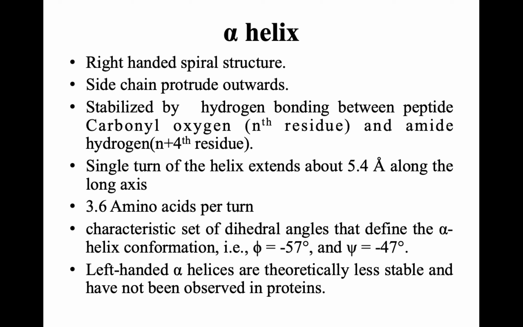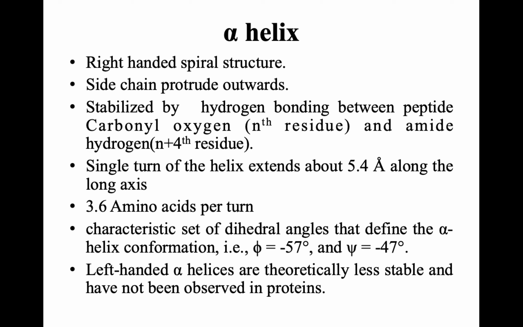Usually the hydrogen bond forms between the peptide carbonyl oxygen of the nth residue and the amide hydrogen atom of the n plus fourth residue. So between the first residue and the fourth residue, the hydrogen bond forms between the peptide carbonyl and the amide hydrogen. Majorly, the alpha helix is stabilized with the help of hydrogen bonding.